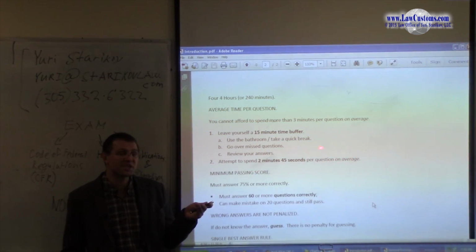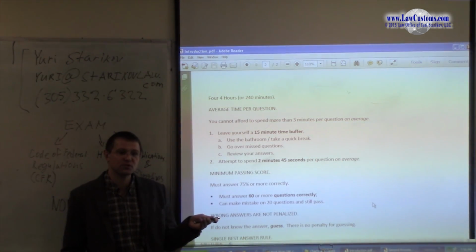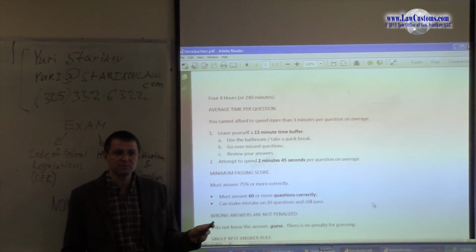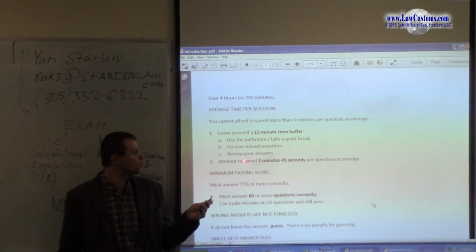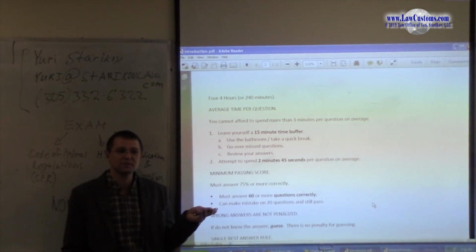Again, stress on average, because there should be questions which will take 5 seconds, and there should be questions which take 10 minutes. Hopefully those 5-second questions are in preponderance. But this is the average timeline, and keep that time in mind, because this will not only give you time for unexpected events, but also time for review.